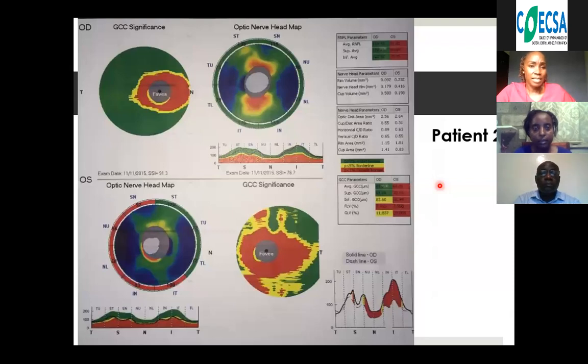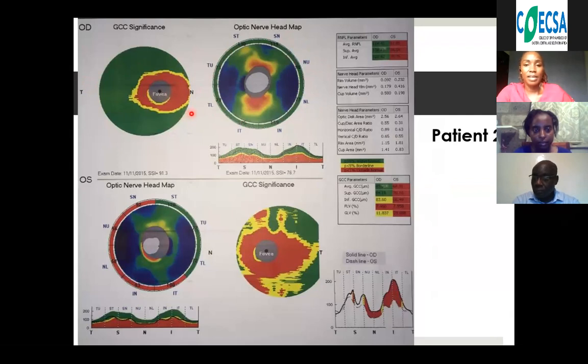Our second patient had very, very early glaucomatous features, maybe on the right. She had high pressures in both eyes, but the right eye you can see has a normal RNFL. Everything looks normal on the right.